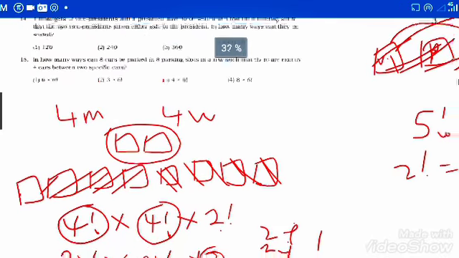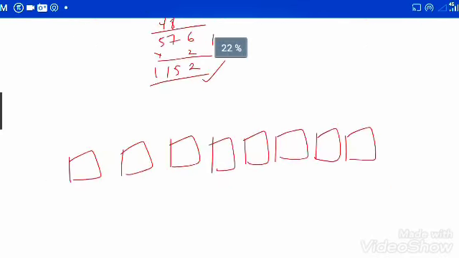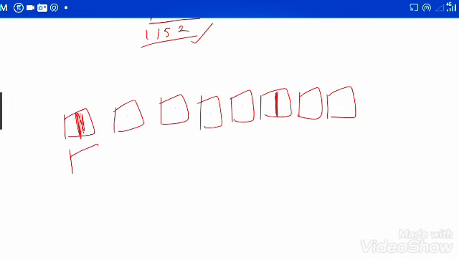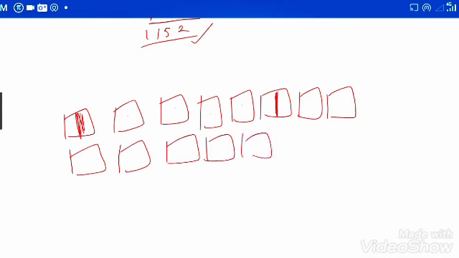2 specific cars. So let's say we have the first specific car here, 1, 2, 3, 4. We're going to have another one here. So let's draw another set of boxes: 1, 2, 3, 4, 5, 6, 7, 8. Let's say we have a specific car here, 1, 2, 3, 4.